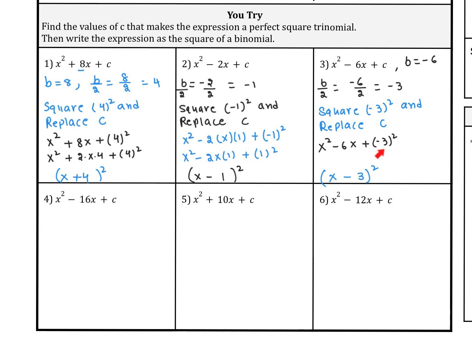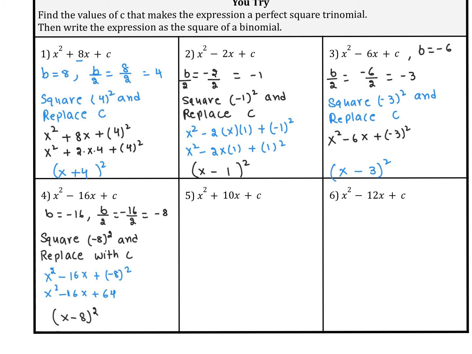When you add it, you can either add negative 3 squared or just 3 squared without the sign. Question number 4: b is negative 16. b over 2 is negative 16 over 2, that is negative 8. You square it, so negative 8 squared is ultimately 64.